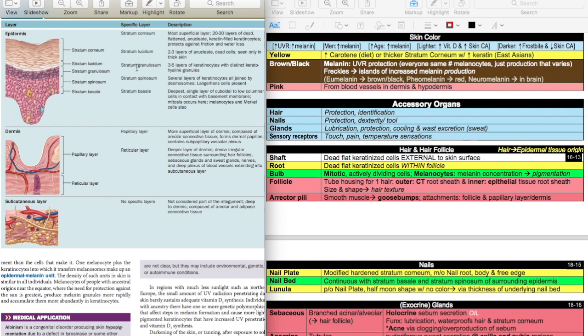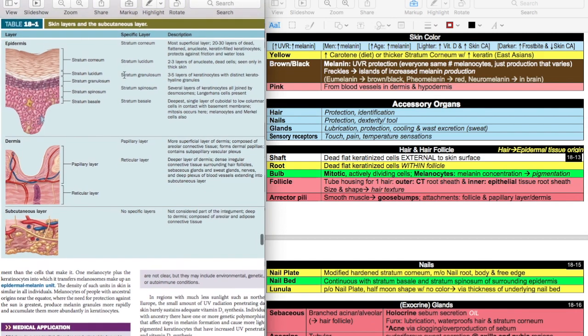On the left side of the skin, I've got table 18.1 in your Junqueira text, and this is showing you basically the same things that we've been talking about. It's got more detail than you necessarily need to know, but it's good to look at different sources to get different perspectives on things and different ways to classify it in your mind.